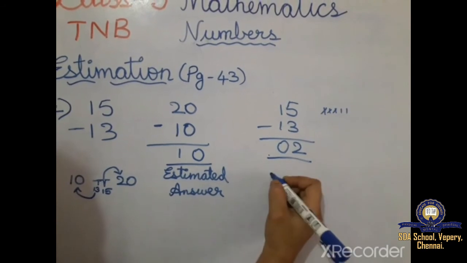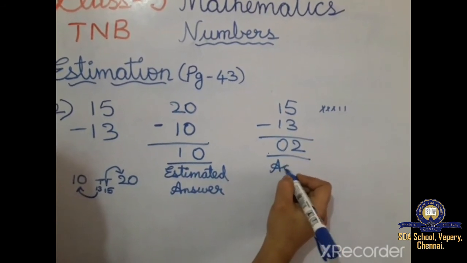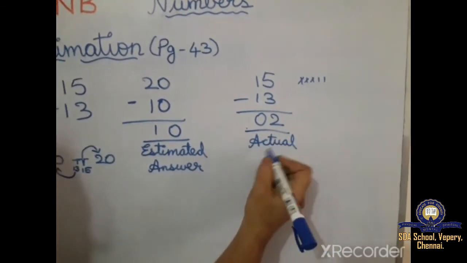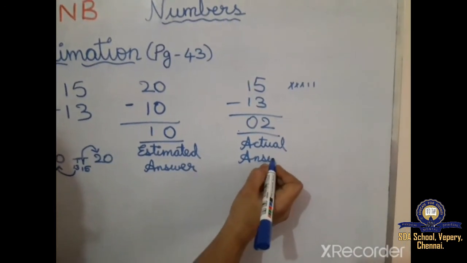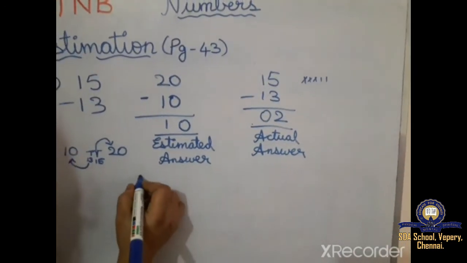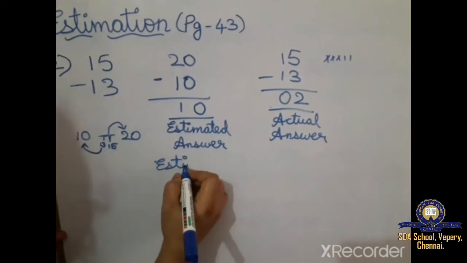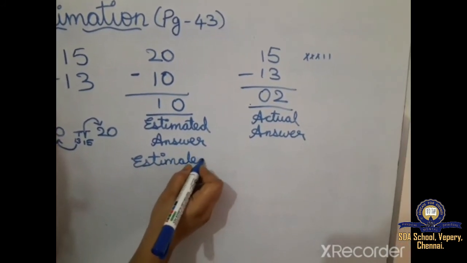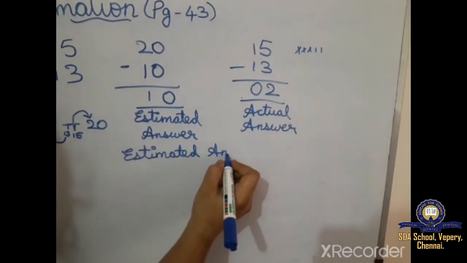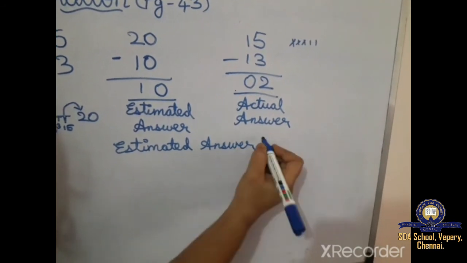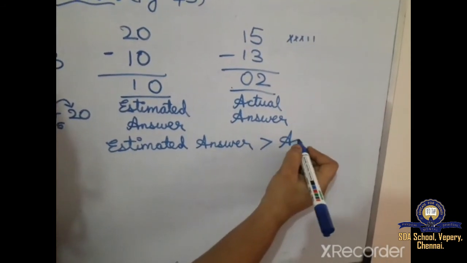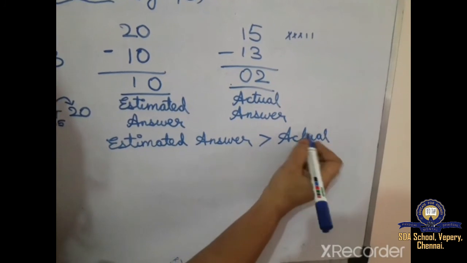So the answer is 2. Which one is greater now? Estimated answer is greater than actual answer.